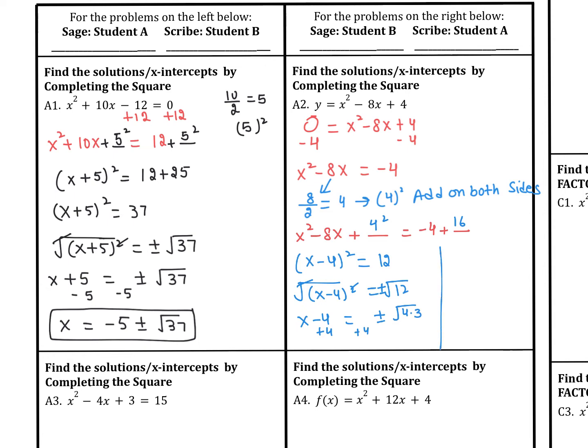You got x equals 4 plus or minus the square root of 4, which is 2, square root 3. Plus or minus means you're going to have two answers. One is 4 plus 2 square root 3 and the other one is 4 minus 2 square root 3.